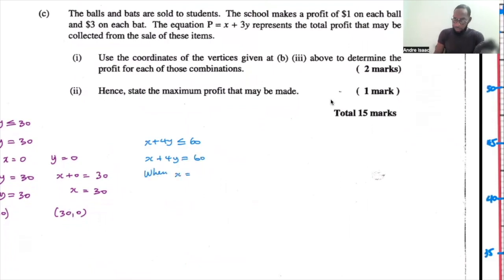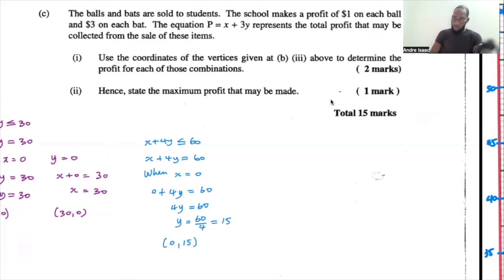When x equals 0, 0 plus 4y equals 60, so y is equal to 15. So this is 0, 15.